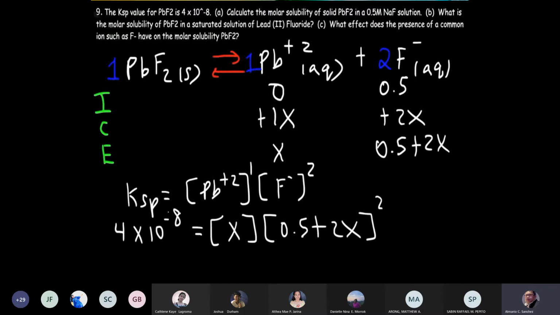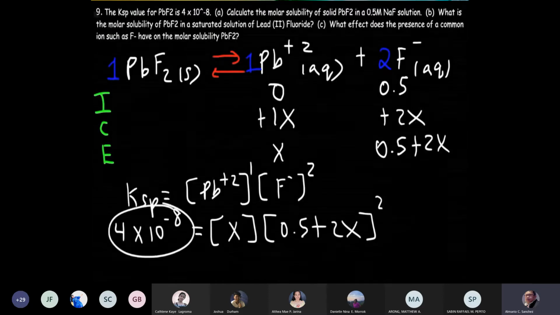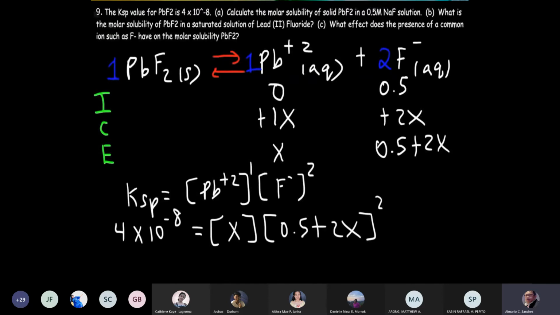Now notice that KSP is very small, 10 to the negative 8. That means x is going to be a very small value. So 0.5 plus 2 times a very small number is still going to be 0.5. So this 2x quantity is negligible.